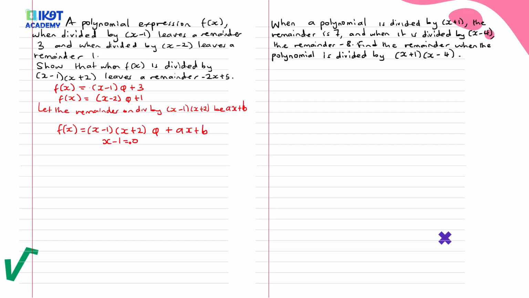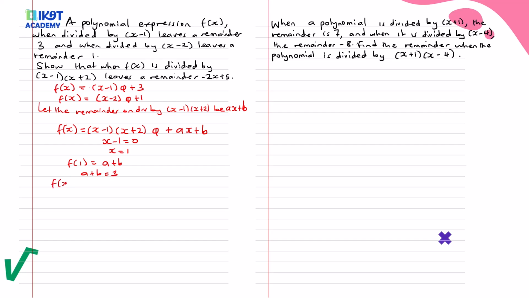So just like we're dividing through by x minus 1, we'll say f of 1 will be, this is 0, and this will be a plus b, since this is ax plus b. We know that the remainder on division by x minus 1 is 3. So we are going to say a plus b is 3. I don't know if this makes sense.